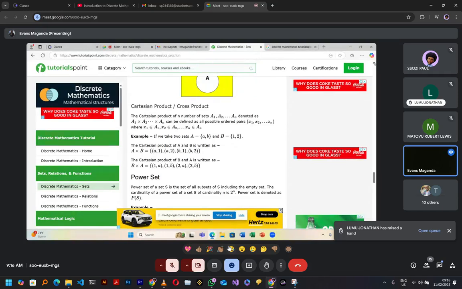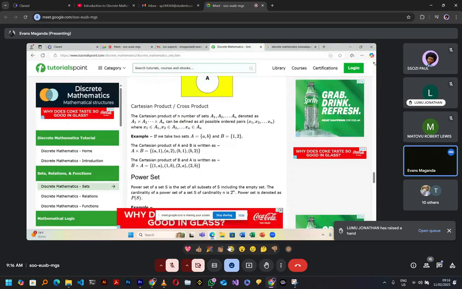Remember that as we are looking at sets A and B, so long as I'm talking about sets, it doesn't matter the order. But whenever I'm picking, because set A is not the same as set B, do we agree? Set A is a different set.